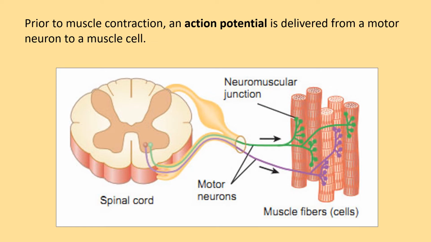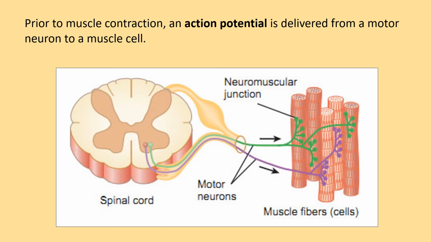Meanwhile, the purple motor neuron is not sending an action potential, and that means that the 2 muscle cells it communicates with will not contract. Those 2 muscle cells will stay relaxed. And so in this way, our central nervous systems have a great degree of control over, for a given skeletal muscle, like your biceps brachii, which cells are contracting and which are not.